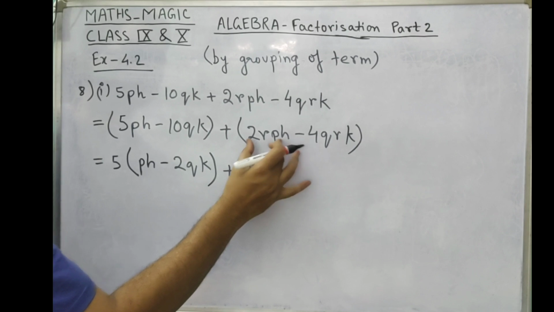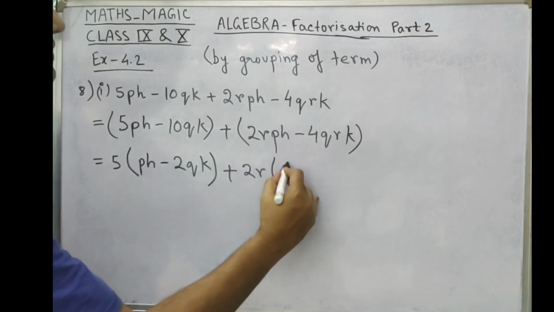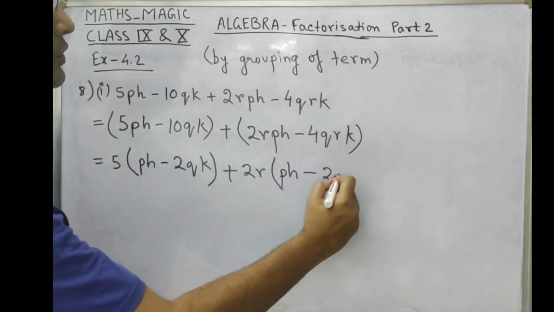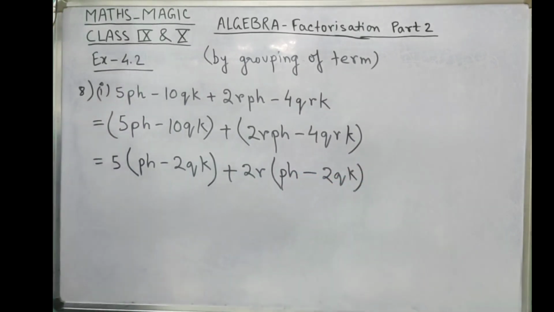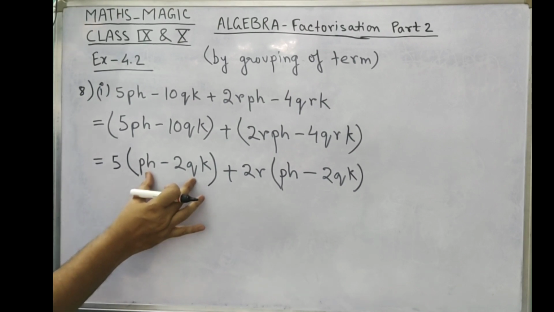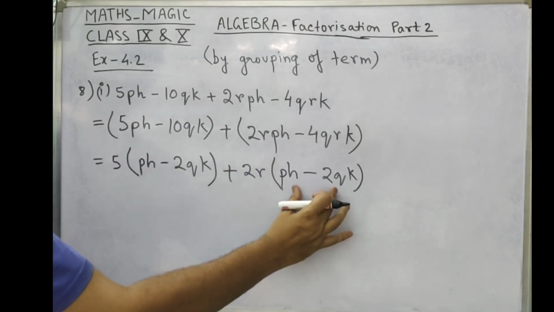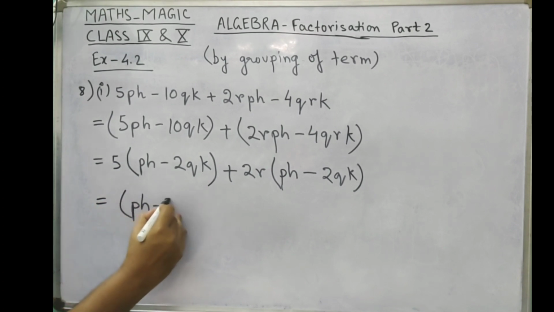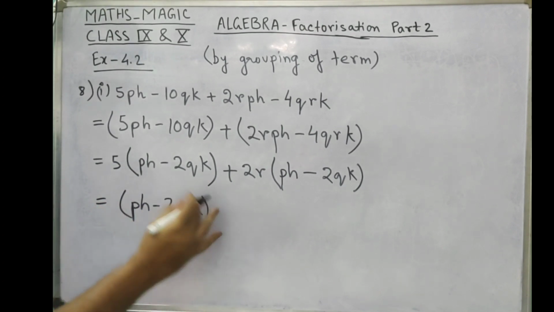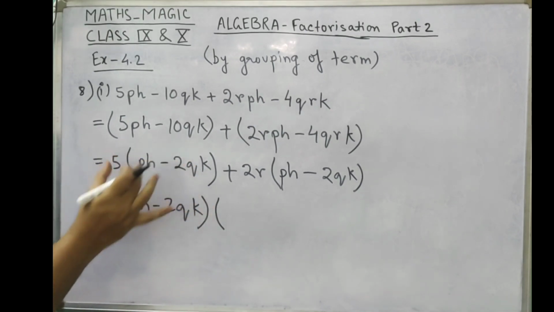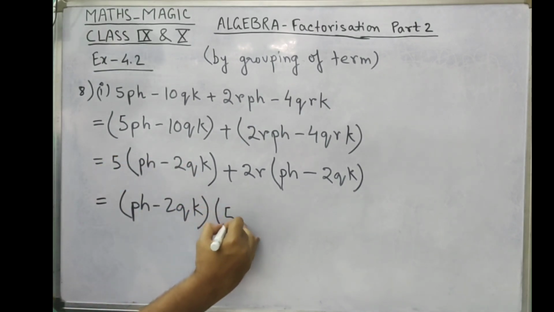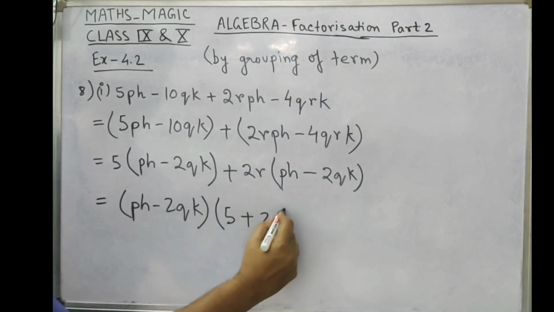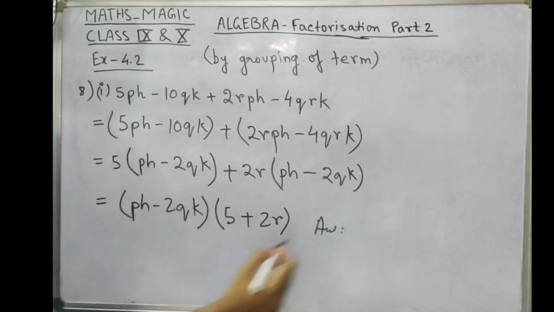So this divided by 2r, I'll be left with ph minus this divided by 2r, I'll be left with 2qk. Now see, they are same, ph minus 2qk, ph minus 2qk. Okay, so this whole divided by this, I get 5. This whole divided by this, I get 2r. So this is my answer.